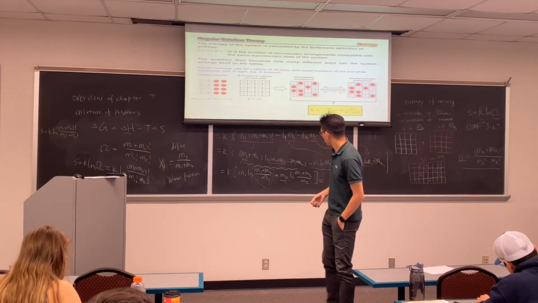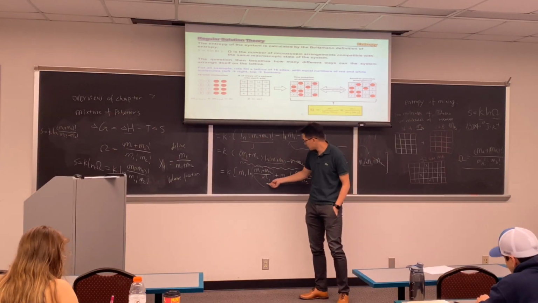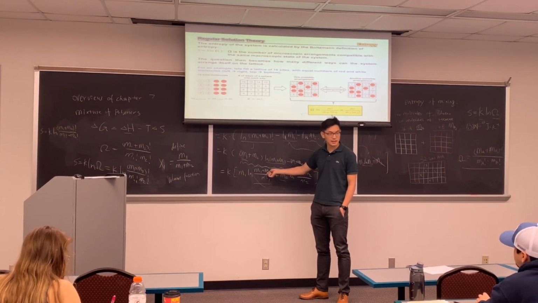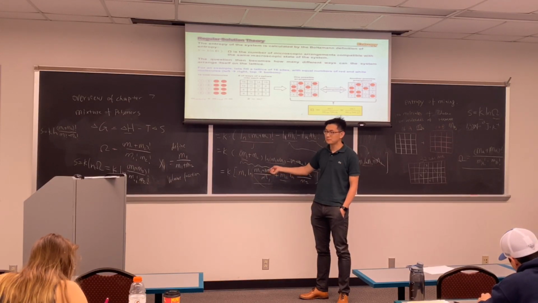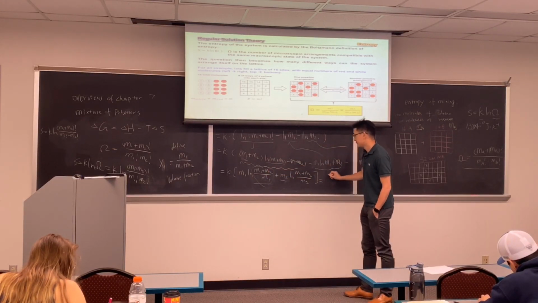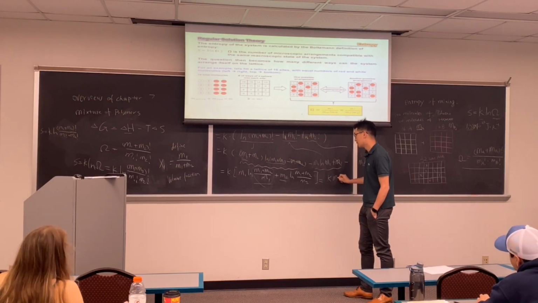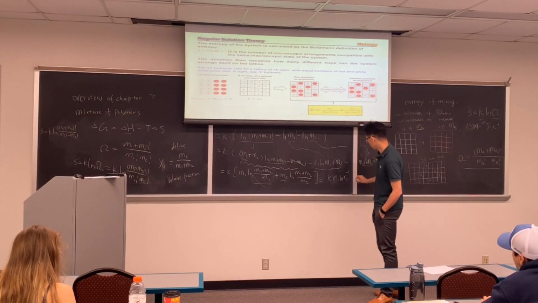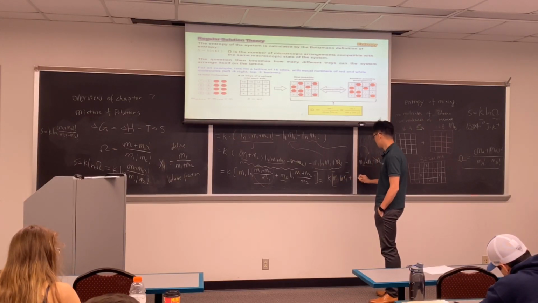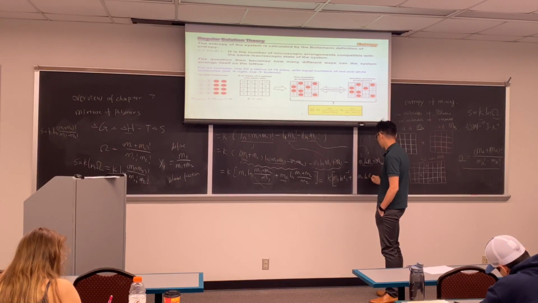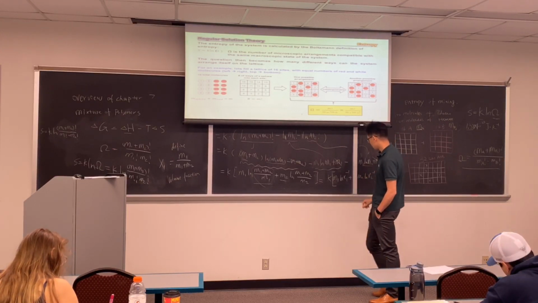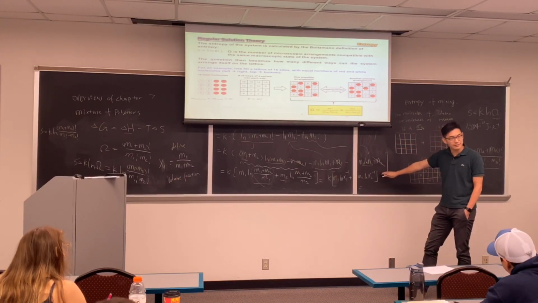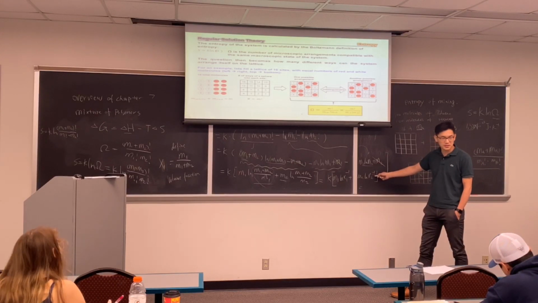So the entropy will be equal to N1 ln x1 plus N2 ln x2, and with the minus 1, you can pull this term out.